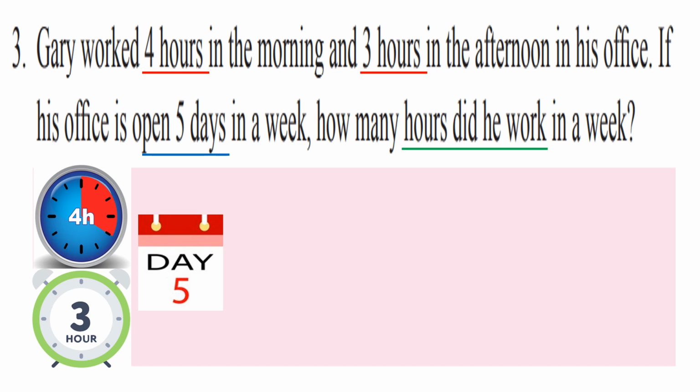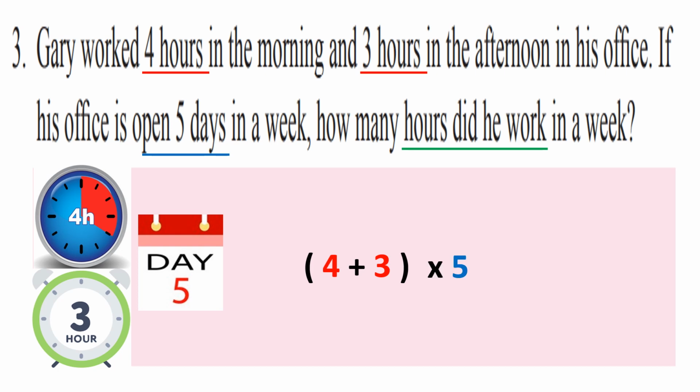To solve for 1 day, he worked in the morning for 4 hours, plus 3 hours in the afternoon. This is for 1 day. Correct, students? You have 4 plus 3 for 1 day.